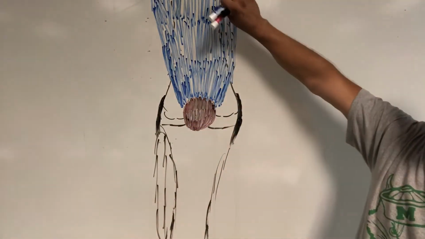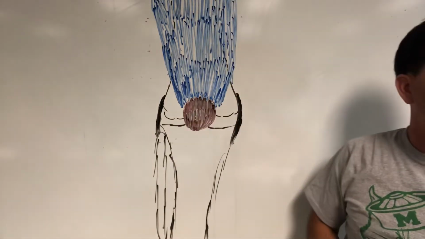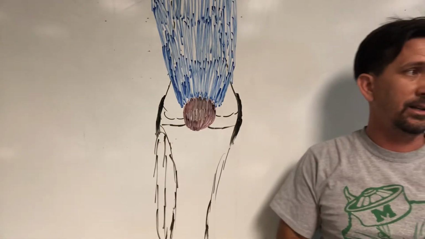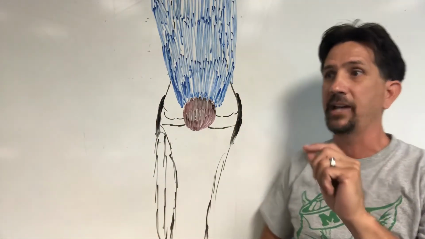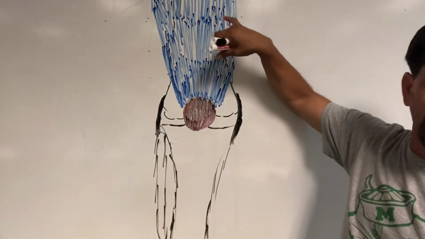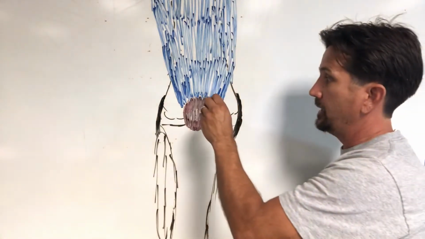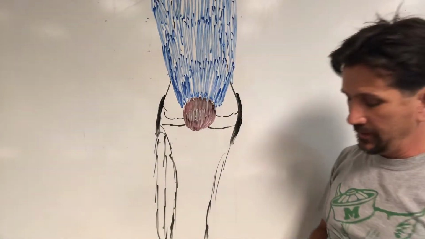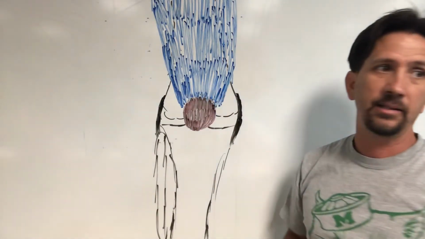So this is a quadricep muscle. It attaches to the patella, and if we go with the definition of tendon, which is tissue that attaches muscle to bone, then this area here would be considered a tendon.